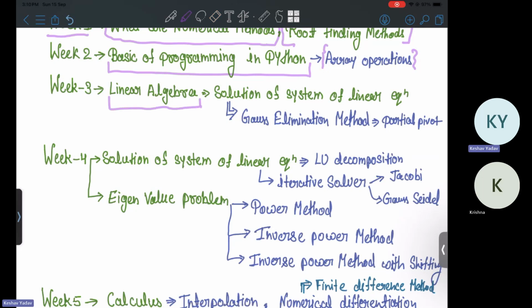In linear algebra, there can be two types of problems. One type is the Ax equal to b type of problem, which is a system of linear equations. Another type is the Ax equal to lambda x type of problem, that is the eigenvalue problem.